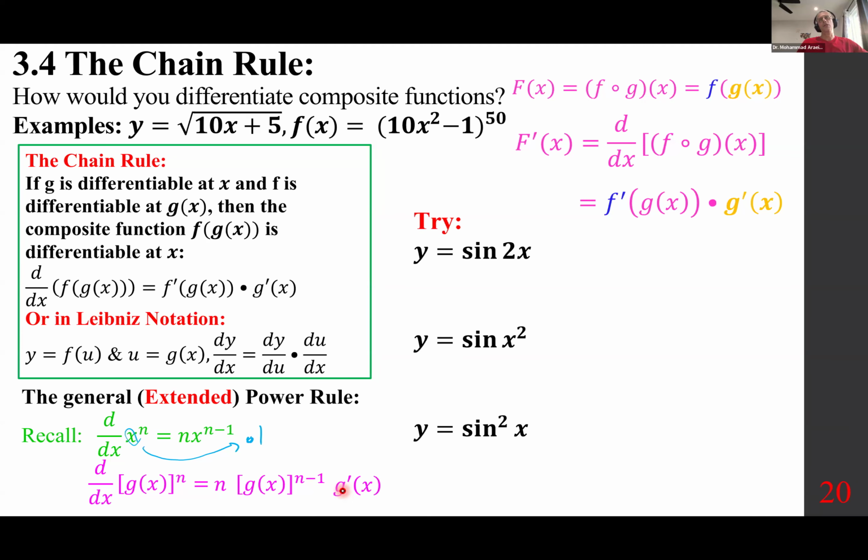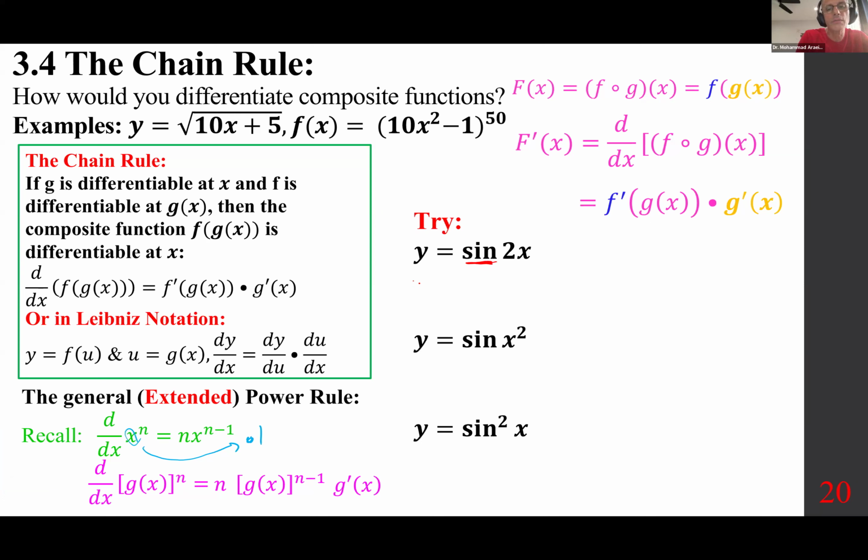One set of questions that will help us understand this would be sinusoidal functions, trigonometric functions, for example, sine 2x. And the way I differentiate sinusoidal functions is that I read y equals sine and I stop, I pause.